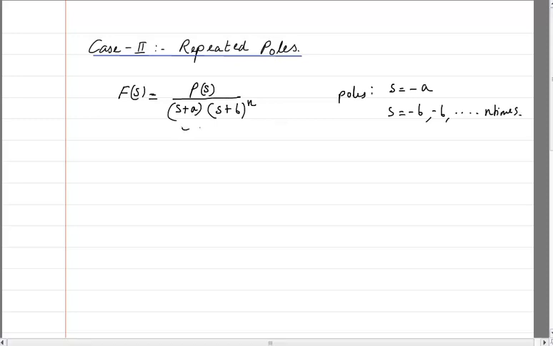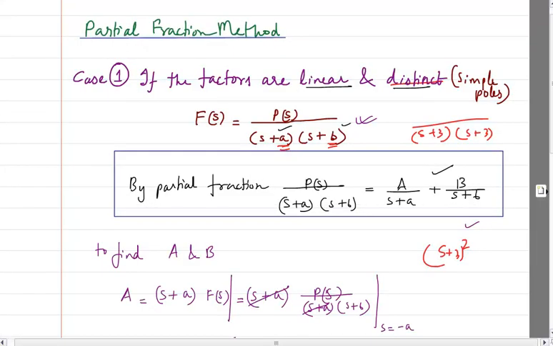So totally how many poles are there here? Totally there are n plus 1 poles. One is for s plus a, and the remaining n are s equal to minus b. In the previous case, how many poles were there?